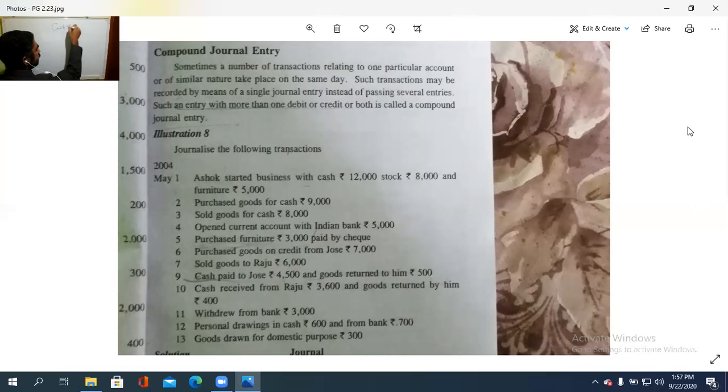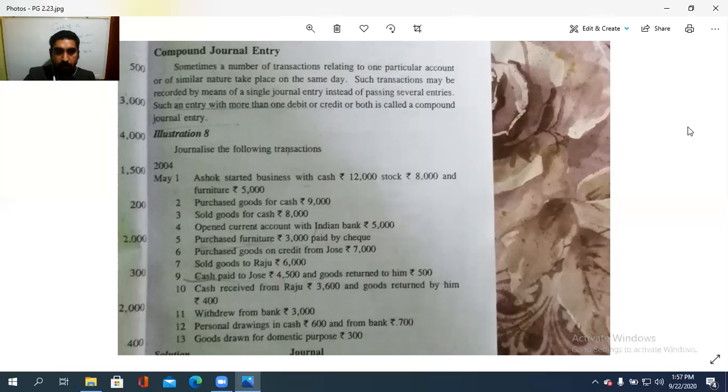So cash account debit to commission received, to interest received, to rent received. So one debit, several credits, because the same transaction, cash is coming in as commission, interest and rent received. An entry with more than one credit or one debit is called a compound journal entry.